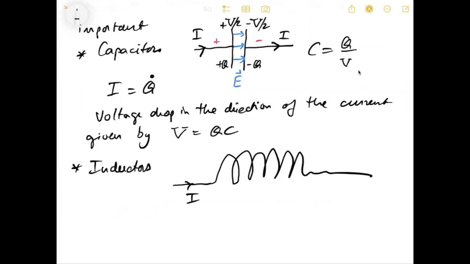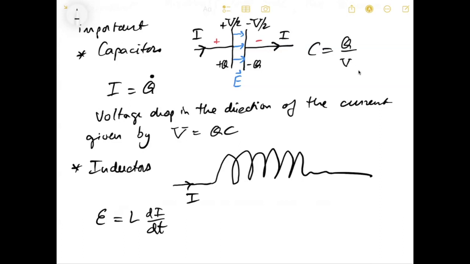Now we know that the EMF is L di/dt. If I is increasing as a function of time, then the EMF is going to be in such a way that it tries to oppose what we're trying to do to it.